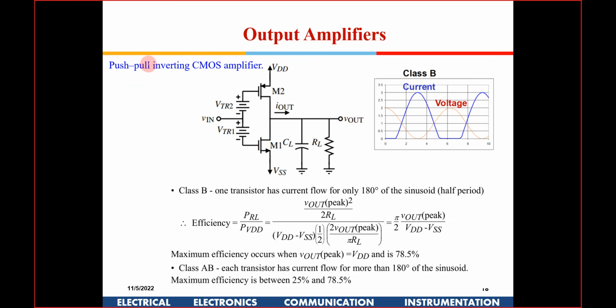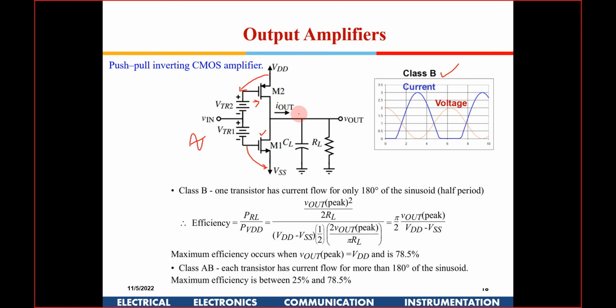Now we saw about class B operation, right? In class B operation, if you see here, you are giving a voltage between the gate and the source. Here also you are giving. So both these transistors are actually working, right? Now when the signal is positive, this is switched on, and you have biased the other just above the threshold, so this will be switched off.